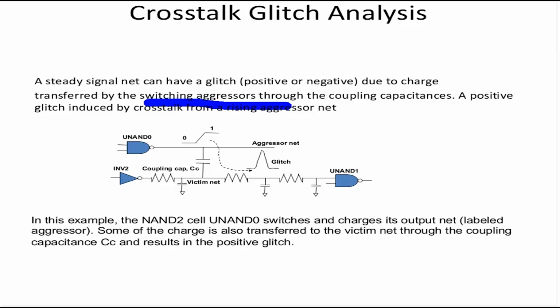The 0 to 1 here can cause a rising glitch, a positive glitch, at this net because of the charge sharing at the victim net. The NAND2 cell switches and charges its output net labeled aggressor. Some of the charge is also transferred to the victim through the coupling capacitance and results in a positive glitch.